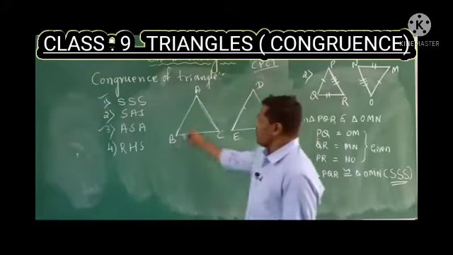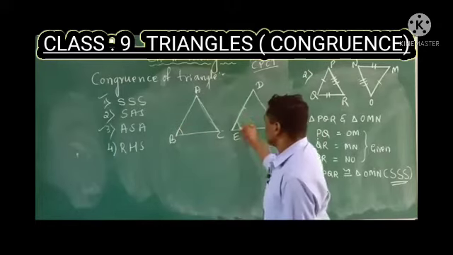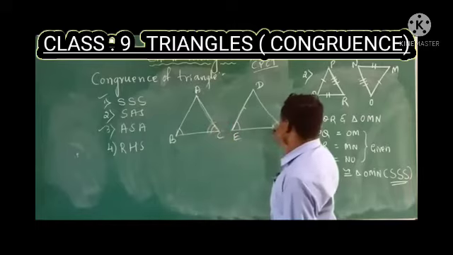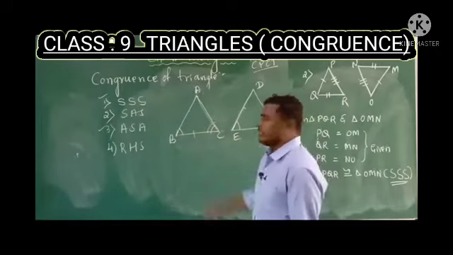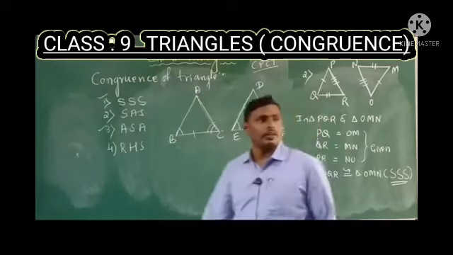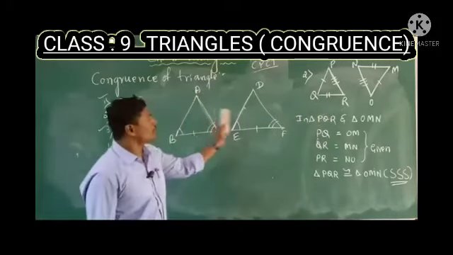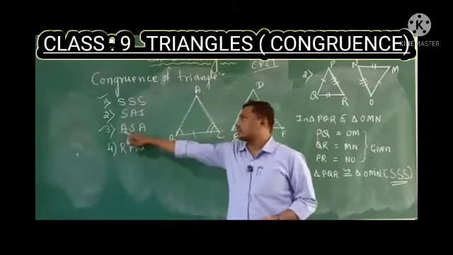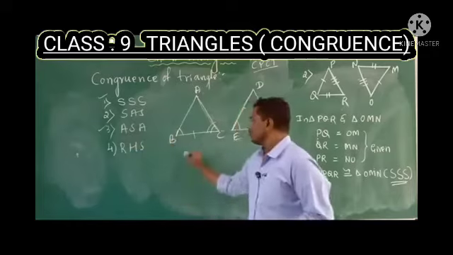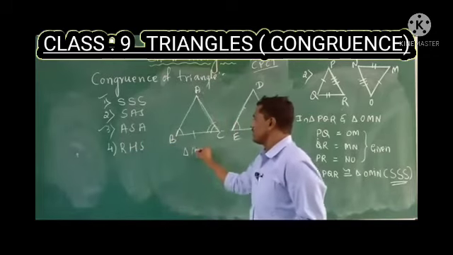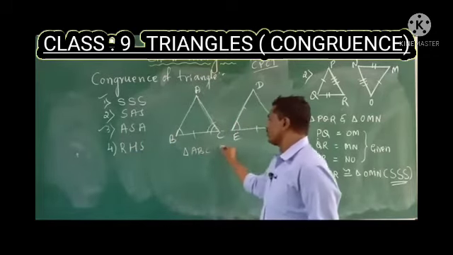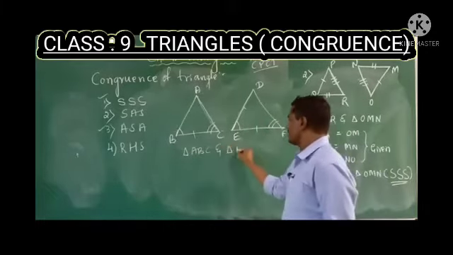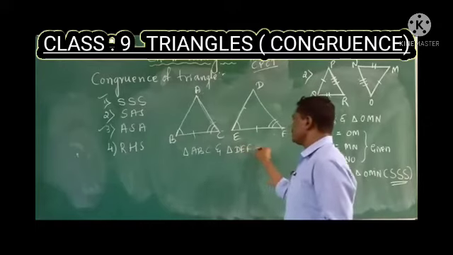In that, angle B is equal to angle E, angle C is equal to angle F, and the side BC is equal to EF. So we need to prove that these two triangles are congruent by using the congruence criteria ASA. Consider the given triangles. Triangle ABC and the second triangle is triangle DEF.